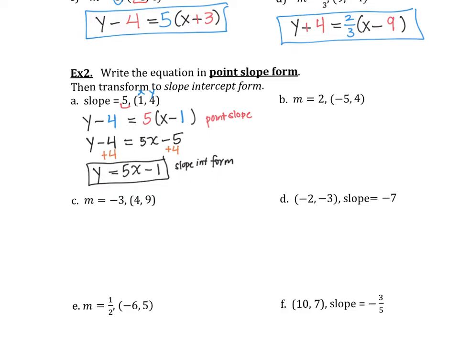We're going to do the same thing with these other ones. Just start off by plugging in. Y minus, so it's going to be x plus 5 because the negatives cancel. And then because it tells me to transform it, I am going to keep going.